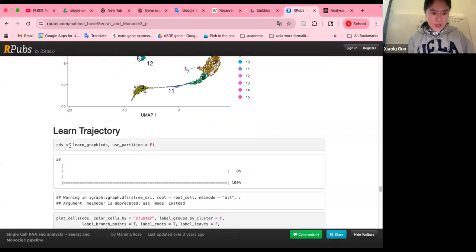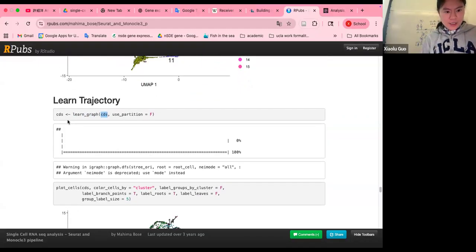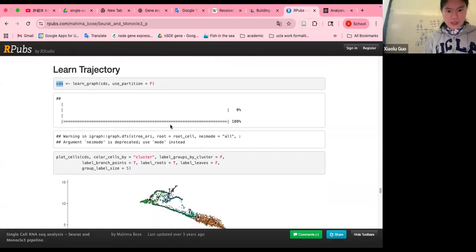Then you use this function to calculate the pseudo-time trajectory for this object. This is equivalent to our PBMC, basically the Seurat object. After you learn that, you assign it to this object again.